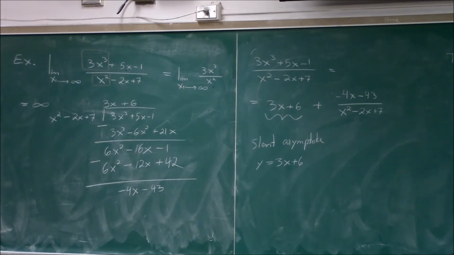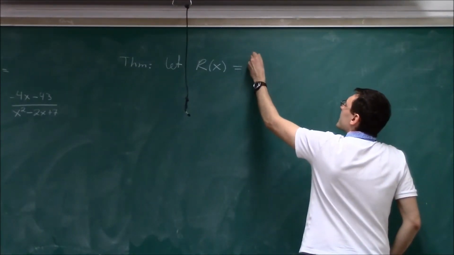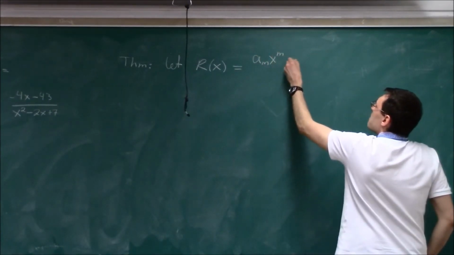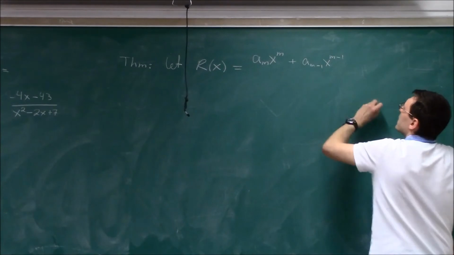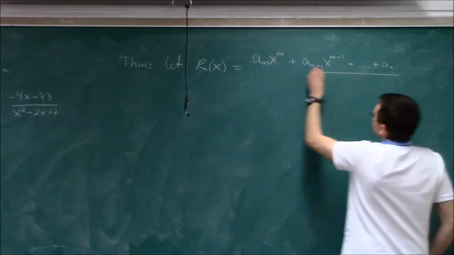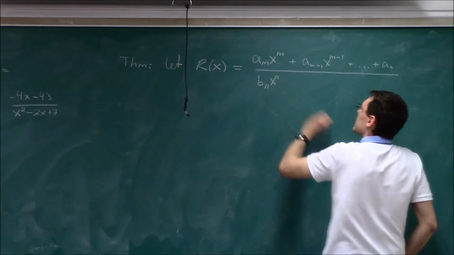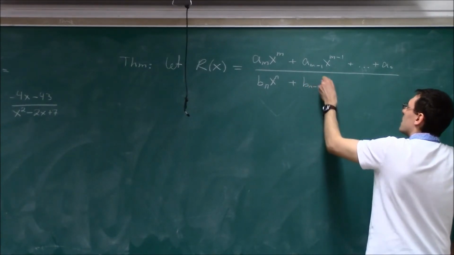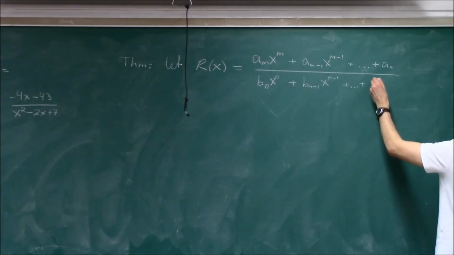Let r of x be a rational function, and that would be of the form a_m x to the m plus a_(m minus 1) x to the m minus 1, all the way to some a_0, divided by b_n x to the n plus b_(n minus 1) x to the n minus 1 plus b_0.